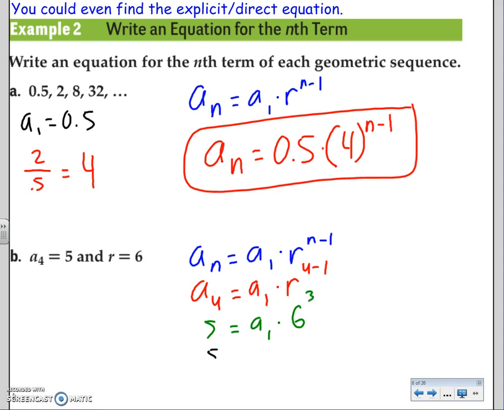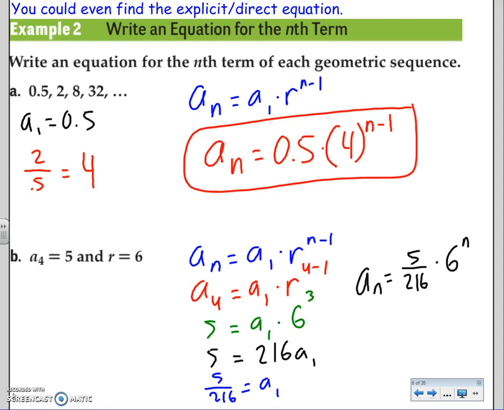Hopefully you know 6 to the 3rd power is 216 times a1. I'm going to divide. 5 over 216 is a1. Now I plug it back into the formula, and I'm done. So our final answer is a sub n equals 5 over 216 times 6 to the n minus 1 power. Instead of a dot, you can put a parentheses. Might look a little nicer.